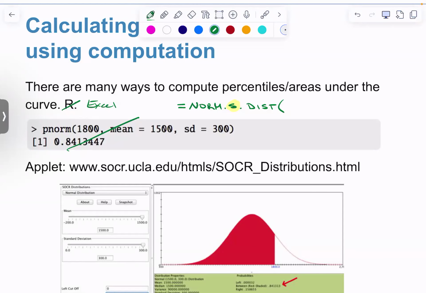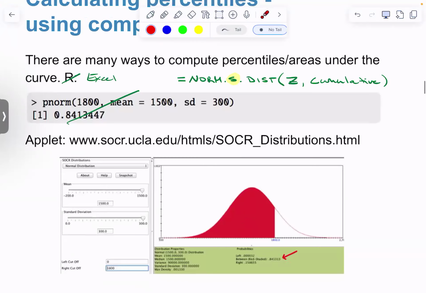If you type in norm.s.dist, I just want to know what it tells me to enter as the parameters. So it should look like Z, then cumulative. Like that? Okay. Good, thank you. Feel like I could have got there maybe, but I didn't want to risk it.